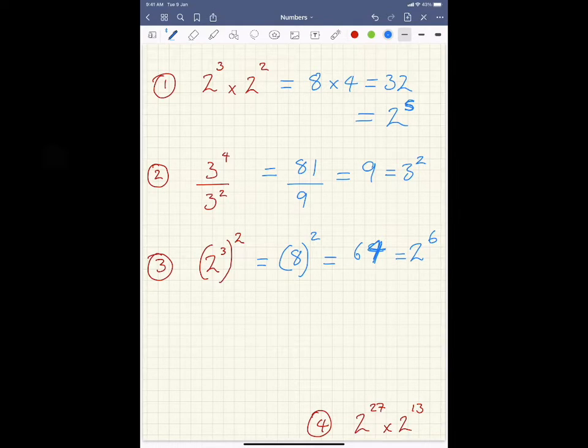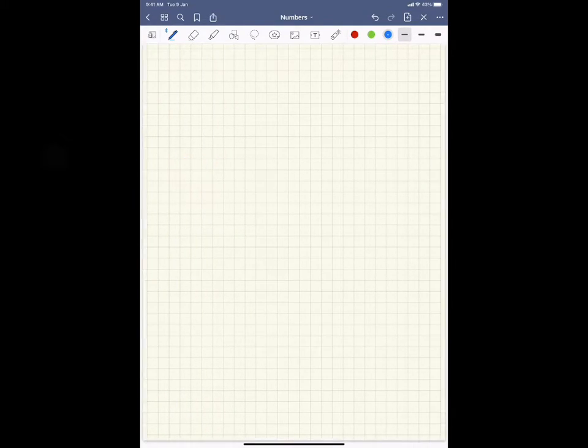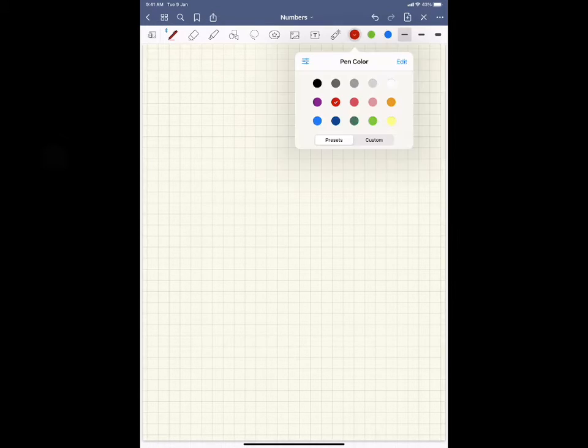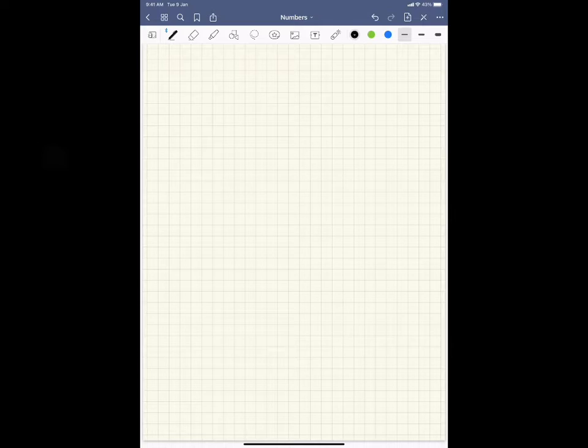And so here is the magic. Are you ready? Let me just change it to black ink. If I have 2 squared times 2 cubed, this 2 squared is 2 times 2, and this 2 cubed is 2 times 2 times 2.